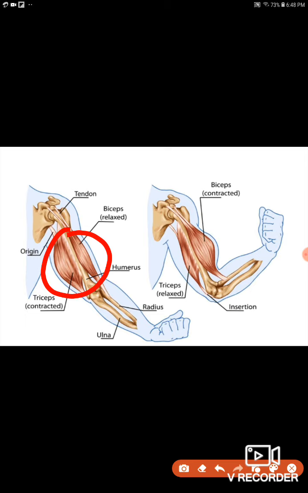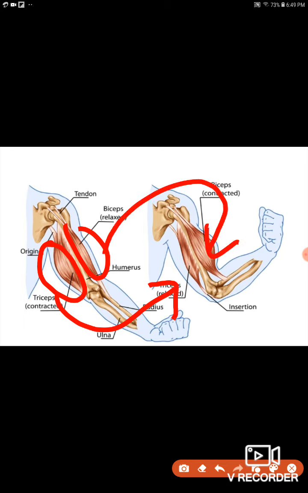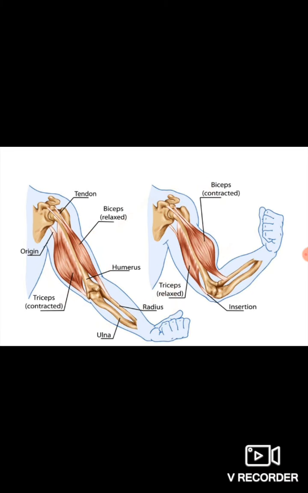For example, for the biceps to return to its original position, the triceps have to contract. And when the triceps want to relax, at that time the biceps will contract. Okay, so these are examples of antagonistic muscles.